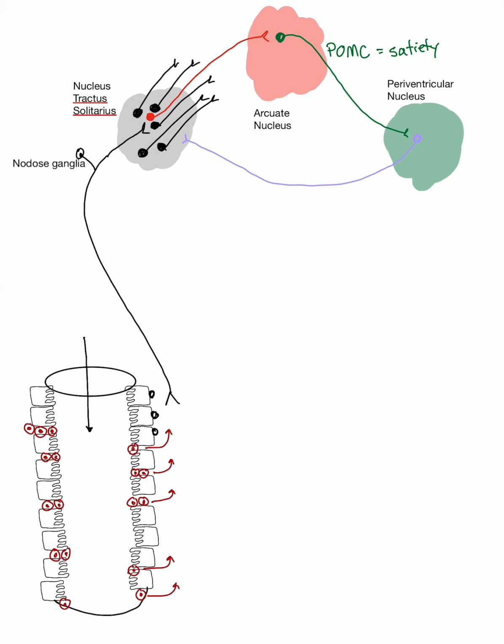And so this relay center where you're getting signals from the gut, I'm releasing GLP-1 here. That GLP-1 is having an effect on visceral afferent sensory neurons going up into the nucleus tractus solitarius, and can have an effect because these neurons right here can also release GLP-1 as a neuromodulator in the brain. So the GLP-1 that's released right here is different from the GLP-1 that's released in this region from those enteroendocrine cells.